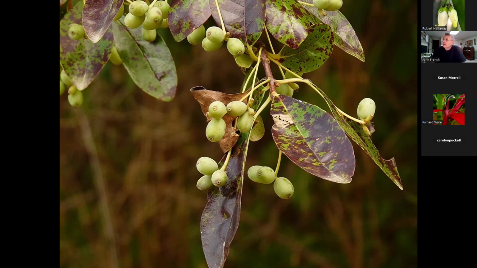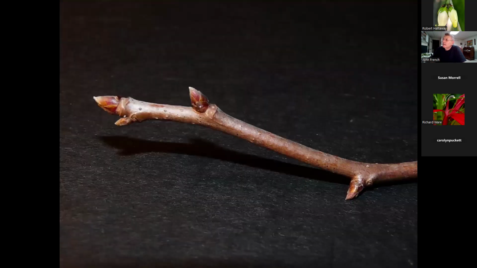Stipule scars forming a line around or almost around the twig, and you can see they're not. One of the choices there is magnolia, which would look like the tulip poplar. I think we got messed up somewhere.